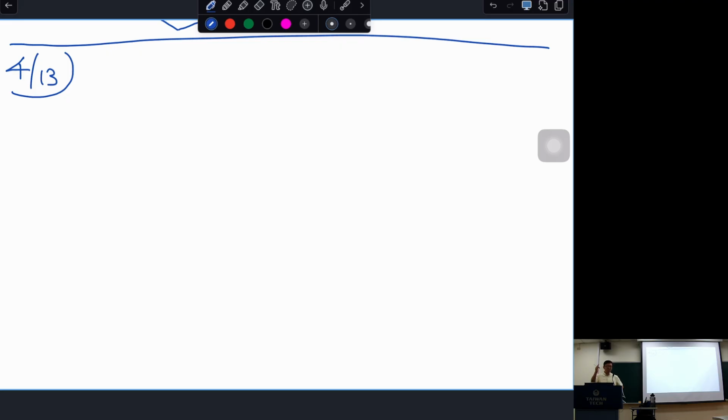Before the break, before the exam, we already covered unconstrained optimization. Starting from today, we're going to talk about constrained optimization. So let me remind you what is the standard format of constrained optimization.